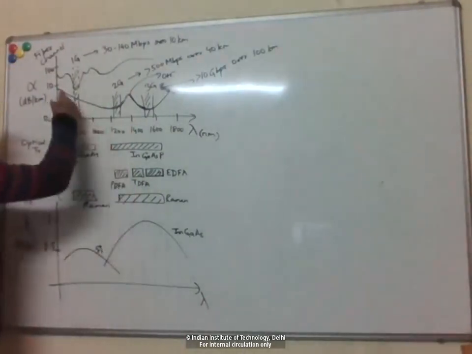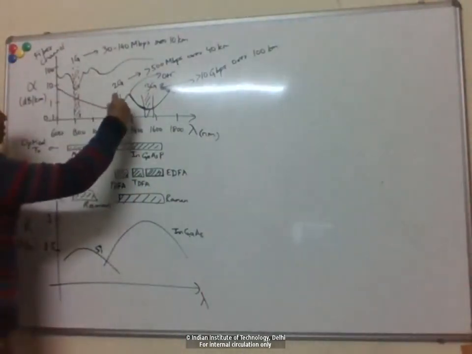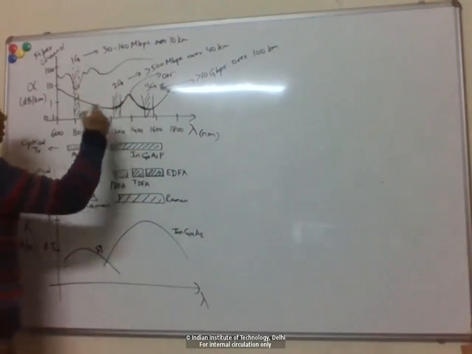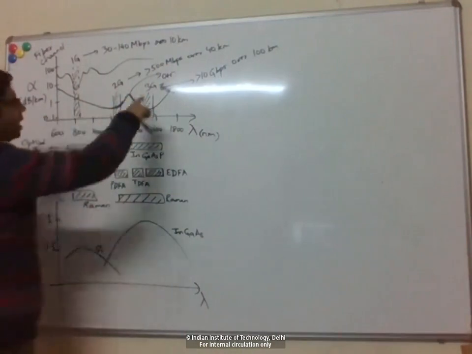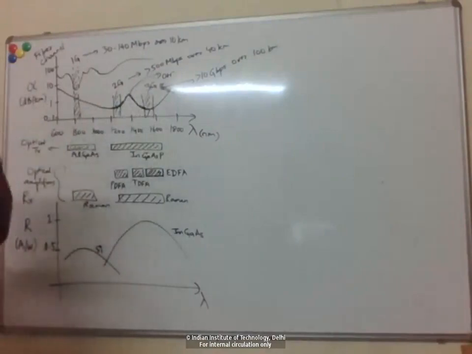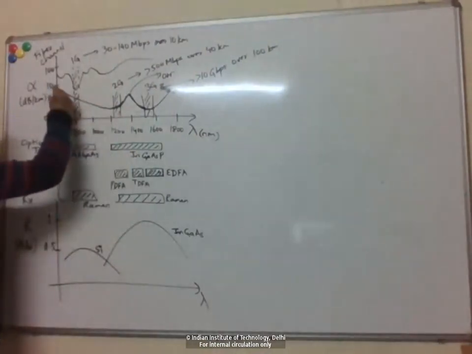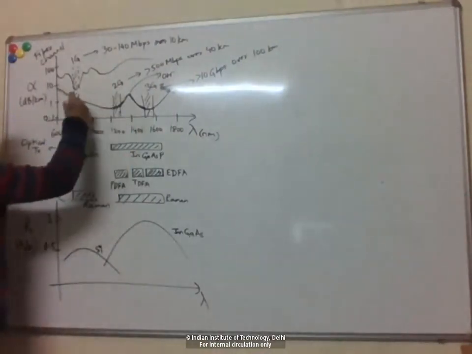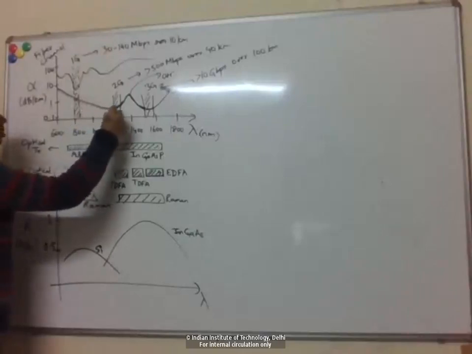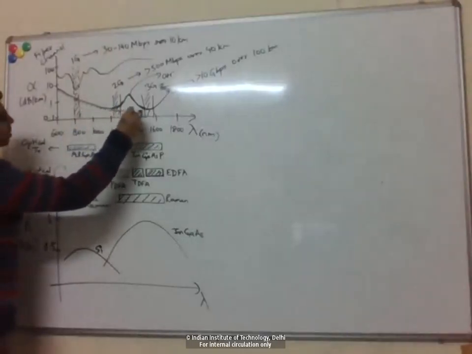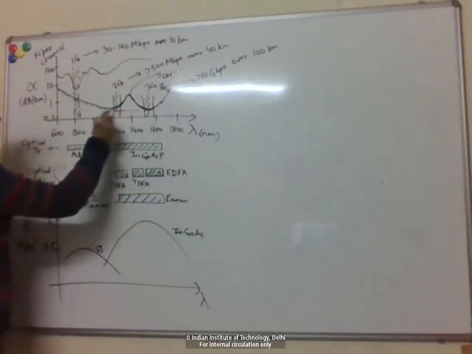And currently, the state of the art is that people have developed fibers which are entirely free of moisture, right? So the moisture content is less than 1 part per billion or something. So they've gotten rid of all the moisture, and so the loss profile now looks like this. This peak goes away. Okay, so this is now flat over this entire wavelength range.